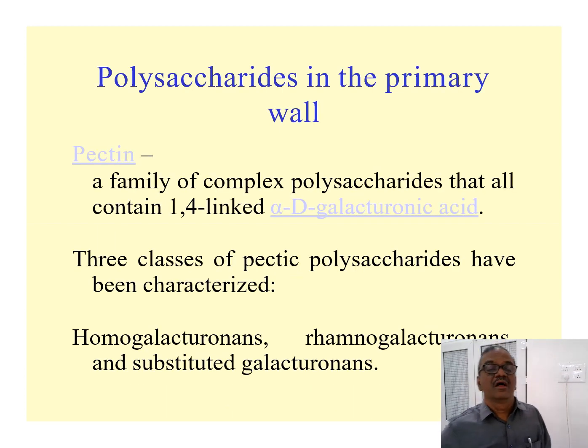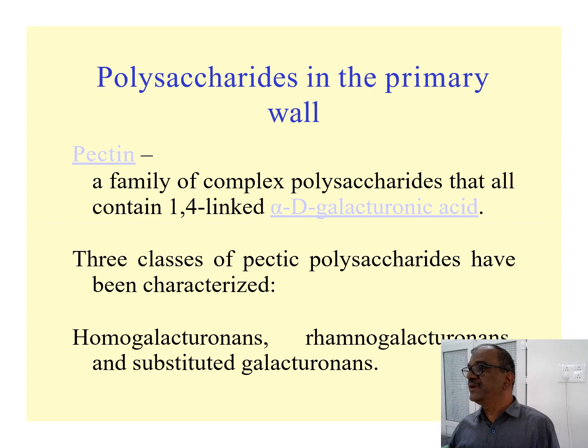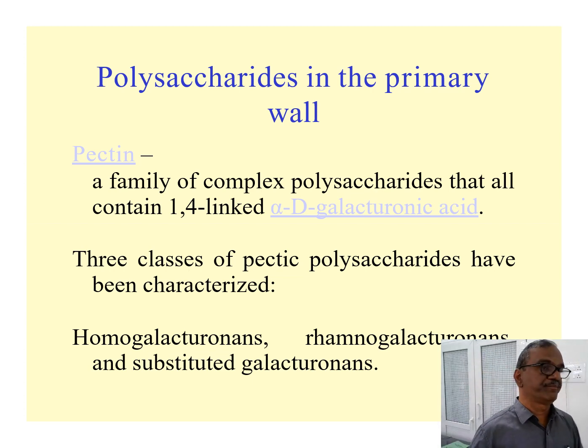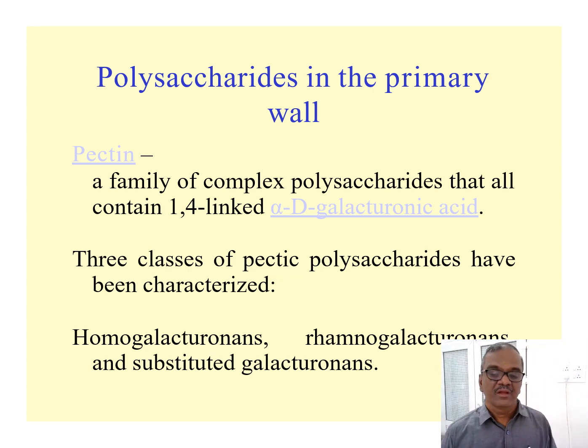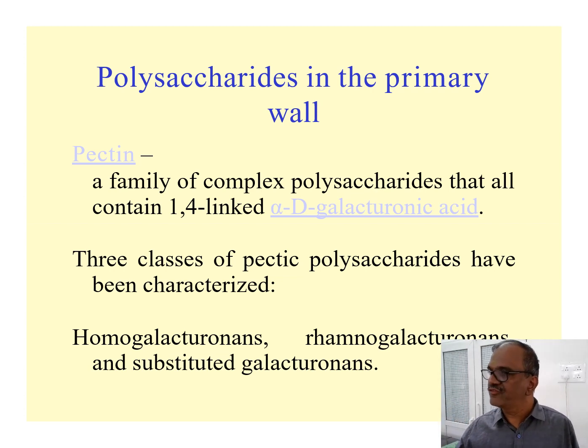Okay, right. So in that case, the third one, pectin. So what are the polysaccharides? Here also 1,4 linked, instead of beta D, alpha D galacturonic acid. So in that case, how to call them? Because the residues are galacturonic acid, you have to add galacturonans everywhere.